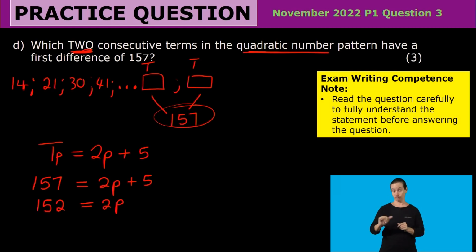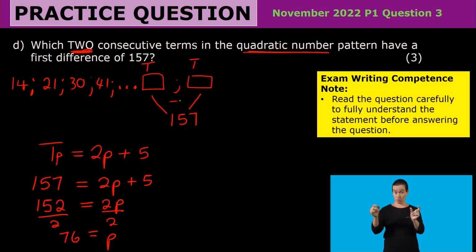And when we divide both sides by 2, that is going to give us p equals 76. Now we know that p is equal to 76, which actually means that this term is term 76.